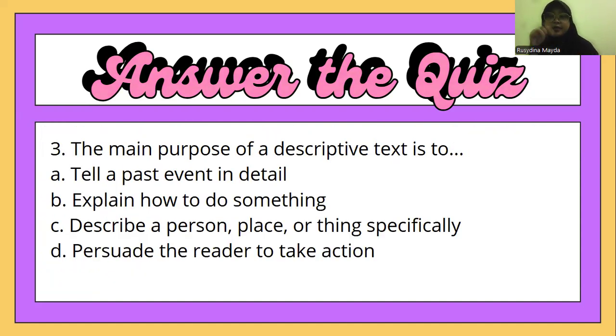The third question is, the main purpose of a descriptive text is to A. Tell a past event in detail. B. Explain how to do something. C. Describe a person, place, or thing specifically. And D. Persuade the reader to take action.